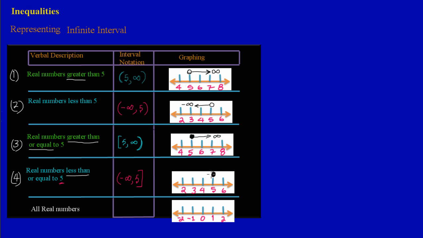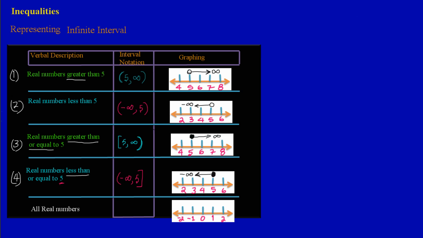Now what I'm going to do is move to my left of 5, and I put on my arrowhead to indicate that I'm not going to stop, and I put my negative infinity sign to show that I'm going forever to my left, to the negative values. So I'm taking all the values that are less than 5.